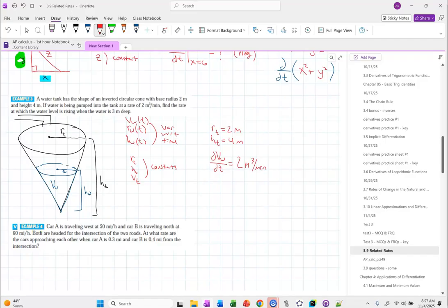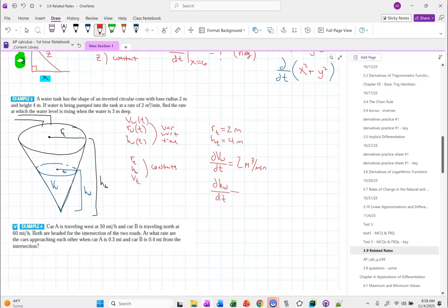It says find the rate at which the water level is rising when the water is 3 meters deep. What type of quantity is this? It's a rate, so it needs to be named as a derivative. dH_W/dt, yes.